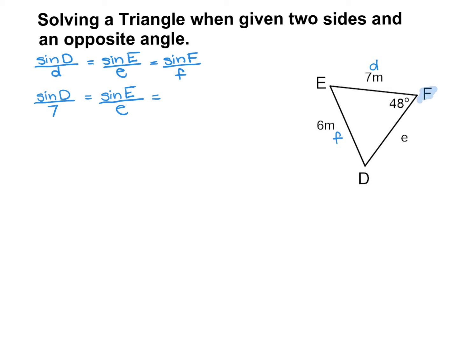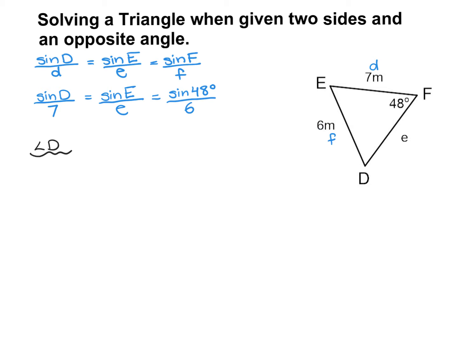And now angle F, well, they've actually given that to us, which is 48 degrees. So we're going to write sine of 48 degrees, all of that over side f, and that little f is equal to 6 meters, so I'm going to write 6 at the bottom.